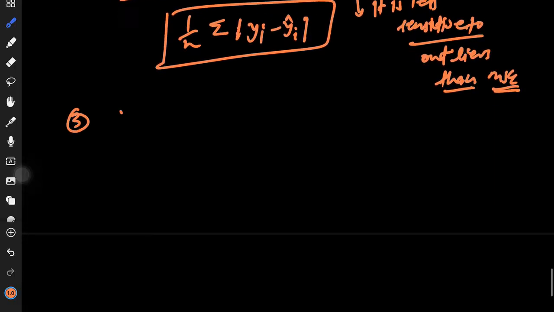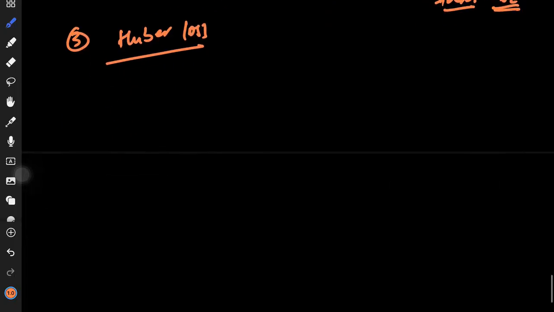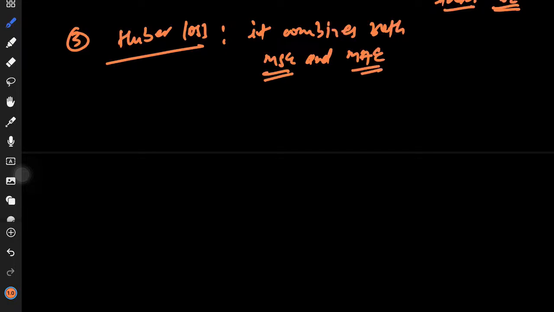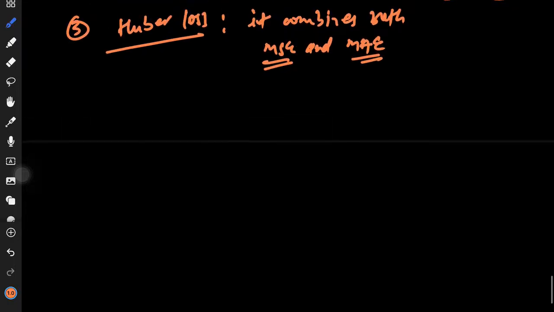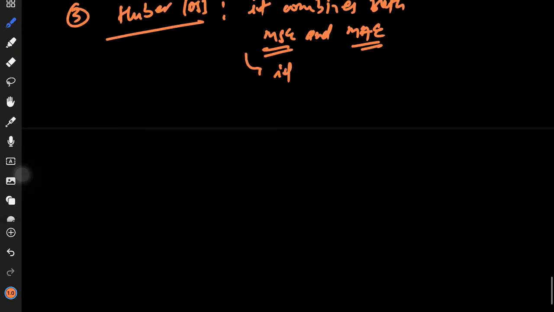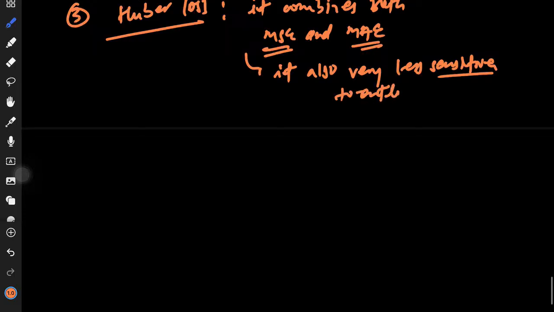Then the third one is Huber loss. What it does is it combines both MSE and mean absolute error. Both are combined here. So it is also very less sensitive to outliers.